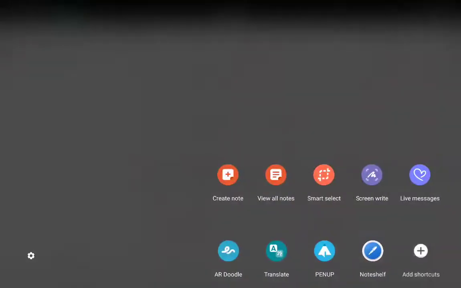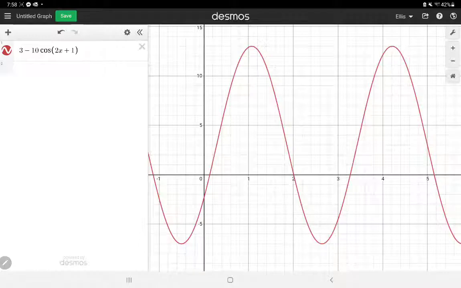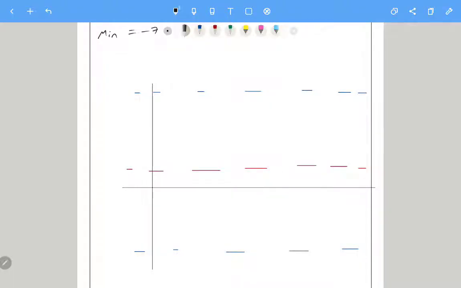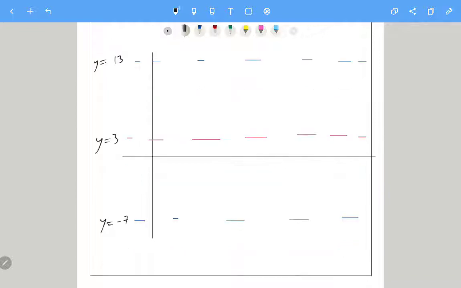Alrighty. So let's have a look. To start with my sketch, I'm just going to put in my median and max and min lines. So that's y equals 3, y equals 13, and y equals negative 7. Next I might put in my y-intercept.